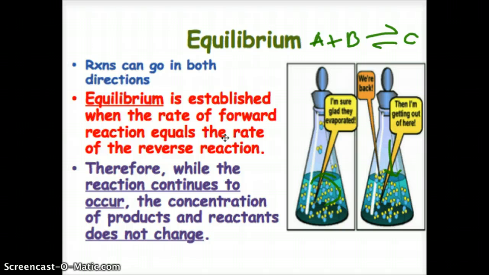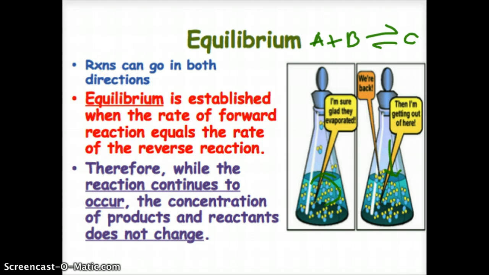The only difference is that the concentrations don't change, okay? It doesn't mean that the concentrations are the same. Like, oh, the concentration of A is 40 and the concentration of C must be 40. That's not true. The rate at which A plus B is turning into C is equal to the rate at which C decomposes back into B and A. Okay, that's what it means.